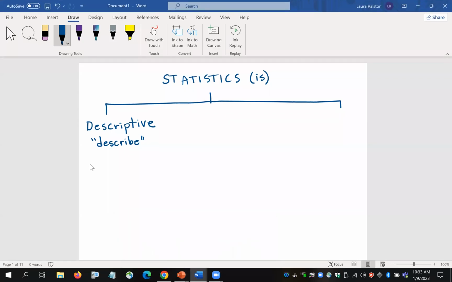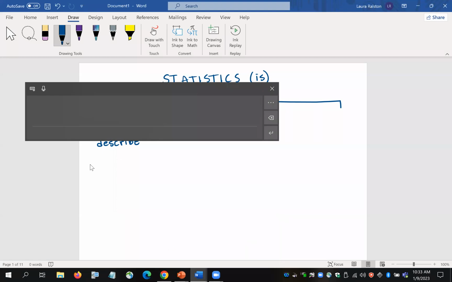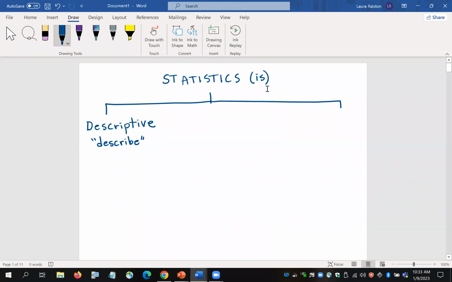When we think about descriptive statistics, we want just the facts. And this is the branch that allows me to create the pretty graphs and tables that most people associate with statistics. And again, it's the branch that most people are familiar with.